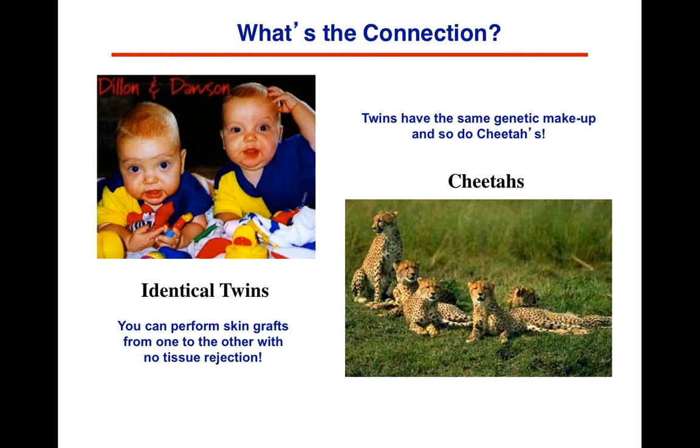This was found in the region of Africa that is the cheetahs' main territory, where game wardens had a reason to do a skin graft from one cheetah onto another because of injuries the animals had suffered. They didn't know they had any genetic similarity, and what they found is that these skin grafts took.